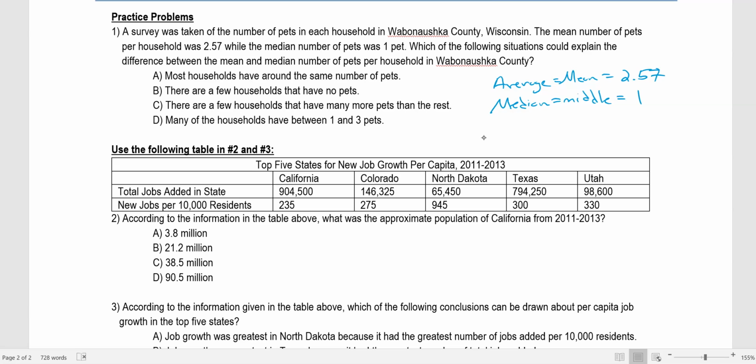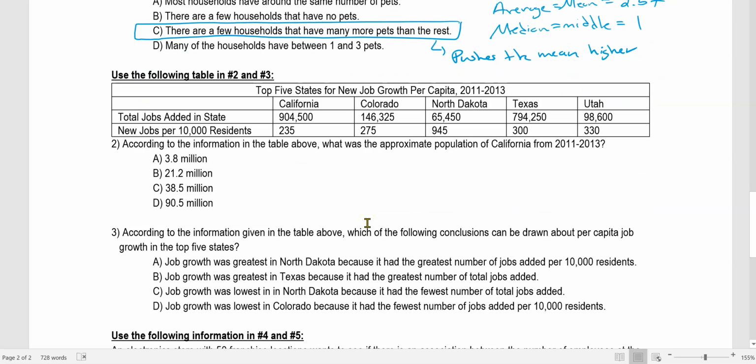So if there are a few households that have many more pets than the rest, then that pushes the mean higher, okay? So in this case, the median actually gives you a better idea of what's going on, because those large numbers of pets for certain people are skewing the data.